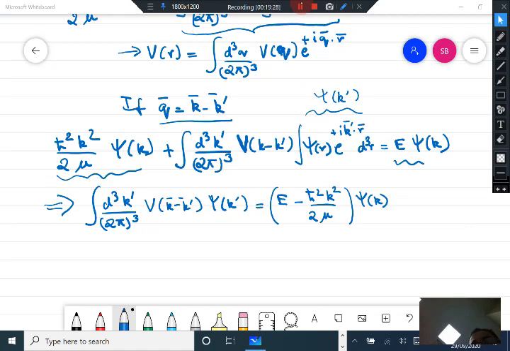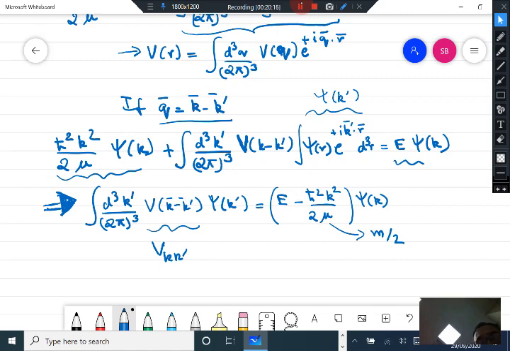So now the Fourier transform of this Schrodinger's equation we had written down for this two particle system interacting by this potential V k k prime, which depends on the momentas k and k prime, is simplified to this form: integral d cube k prime by 2 pi cube v k k prime, a potential which depends on k and k prime, the momentas of the two particles, into psi k prime, the wave function in the momentum space, or the Fourier transform of the wave function, is equal to E minus h cross square k square by 2 mu, where I just have taken this term on this side, and this is nothing else but m by 2.